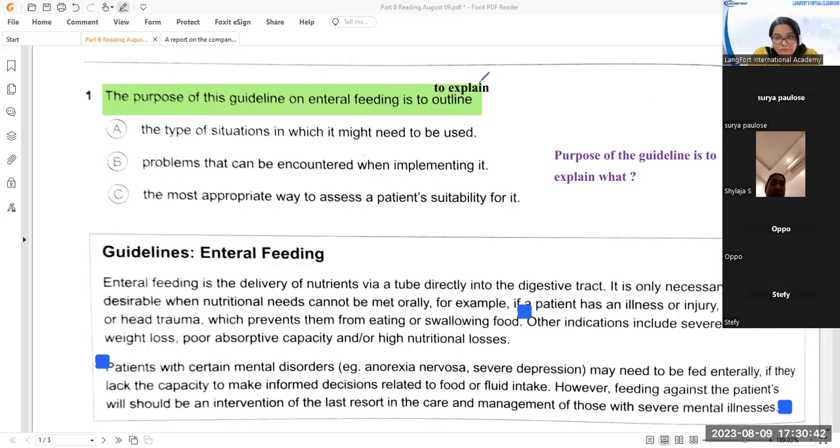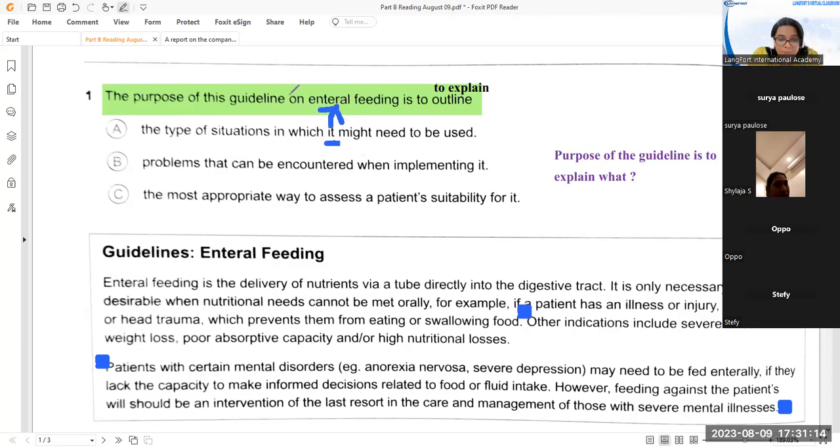Yes, ma'am. The purpose of this guideline on enteral feeding is to outline the type of situations in which it might need to be used. One second. The purpose of this guideline on enteral feeding is to explain the types of situations, the scenarios, in which enteral feeding might need to be used.